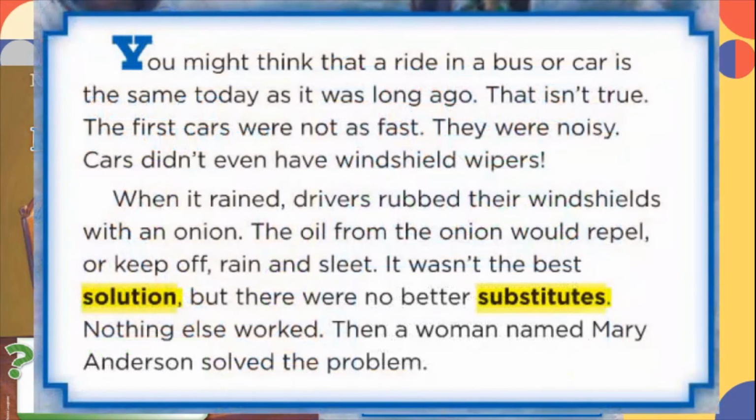Let's start reading. You might think that a ride in a bus or car is the same today as it was long ago. That isn't true. The first cars were not as fast. They were noisy. Cars didn't even have windshield wipers.